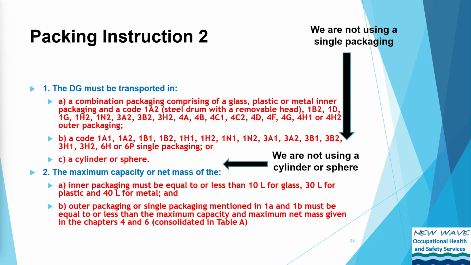Now remember, we are thinking of a plastic bag of methanol inside a fiberboard box. This is officially called a combination packaging, one or more inner packagings contained in an outer packaging for transport. We are thus not talking about 1B, which is single packaging, or 1C, which is cylinders or spheres. So 1A it is.